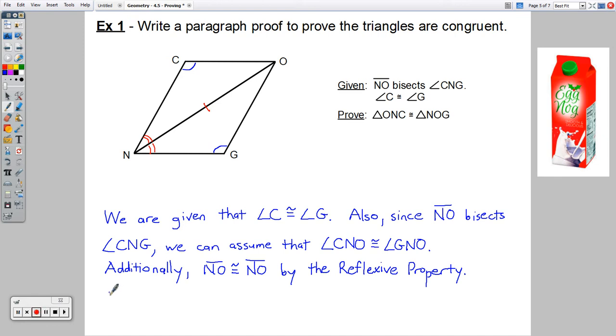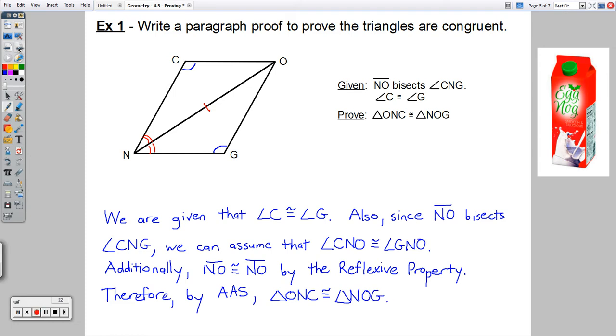We just need to have 3. Either side, side, side, side, angle, side, or angle, angle, side. We have angle, angle, side, so we can say therefore by angle, angle, side, or AAS, we can say what we're trying to prove is true. Triangle ONC is congruent to triangle NOG.